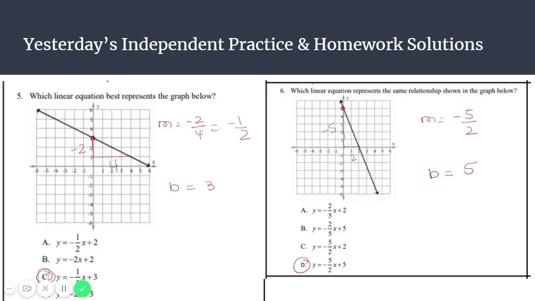In identifying any 2 points on the line, we notice that the change in y is -5 and the change in x is 2. Therefore, that gives us a slope of -5/2. So your slope-intercept formula should be y equals -5/2 x plus 5.